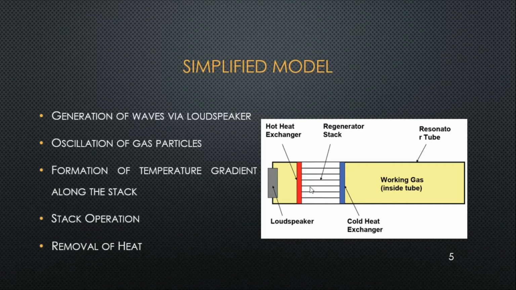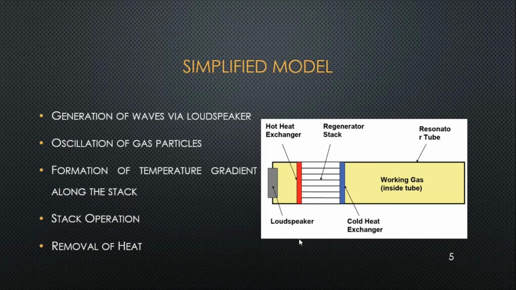For example, here there is a pressure node, here there is a pressure antinode, and here there is a pressure node. So the gas will be compressed at this zone because of high pressure and will be expanded towards the low pressure zone.